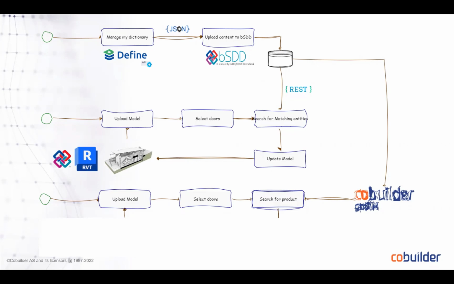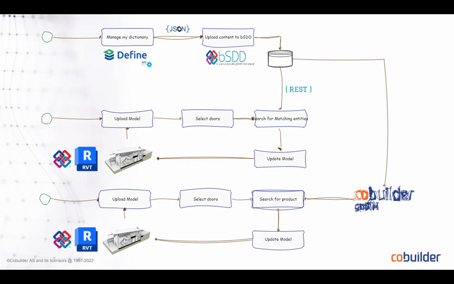Then I will be able to find the right door, described following the same properties, and then I will be able to push the values corresponding to the properties, the real product values, in my BIM model. So first I manage my dictionary. Second, I'm connecting my BIM model to bSDD to bring back the property I need, in my example, from a specific standard. And third step, I'm checking in a manufacturer catalog what are the real values of those properties.